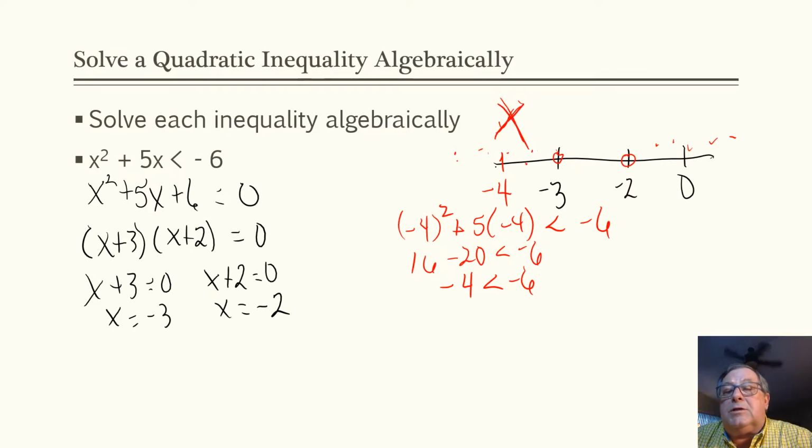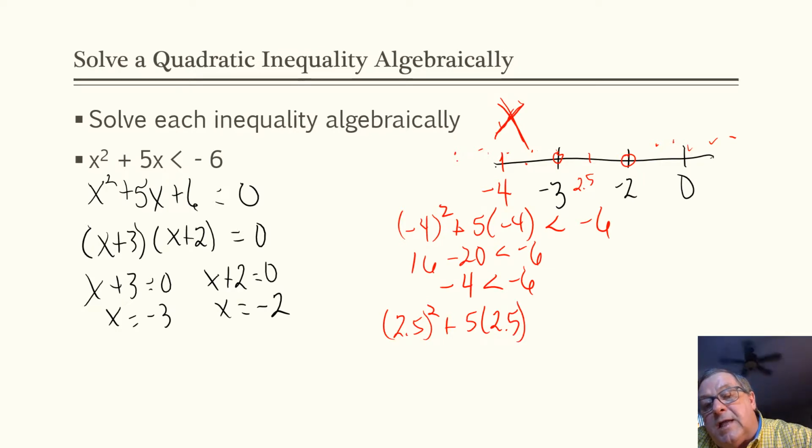All right, let's choose something between negative 3 and negative 2. That's going to be a pain. Let's just try negative 2.5. So we've got negative 2.5 squared plus 5 times negative 2.5. We're asking the question, is that less than negative 6?